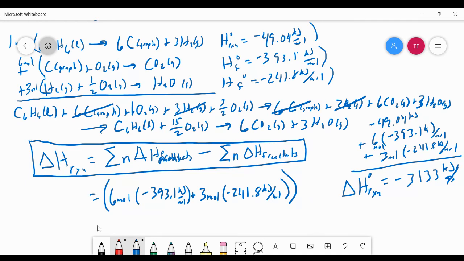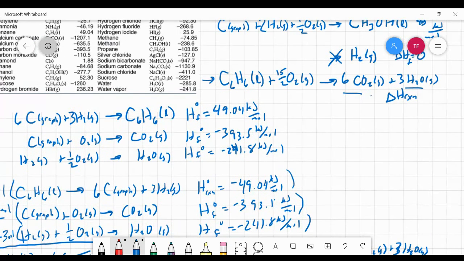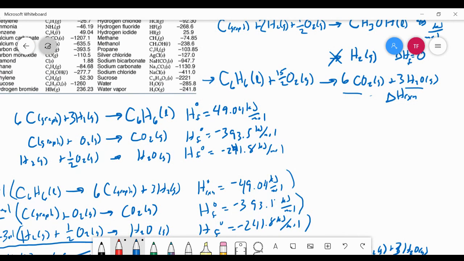Then from that, we are going to subtract the moles of our reactants. We had 2 reactants, but oxygen has 0 enthalpy of formation because it's in its standard state. So we only have to do C6H6.